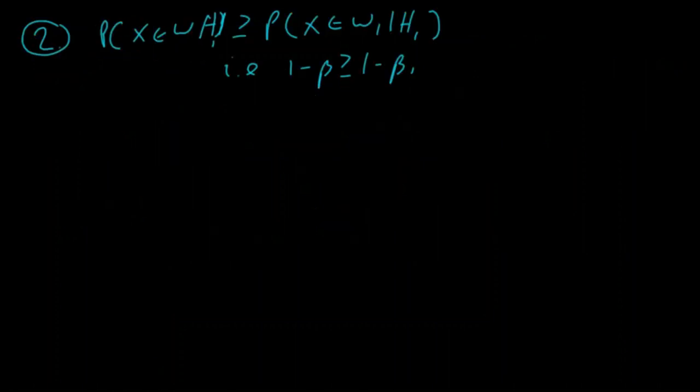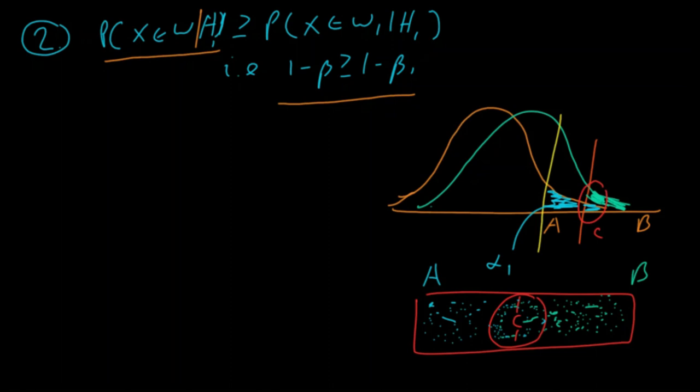In order to prove the probability of X is an element of W given H1 is greater than or equal to the probability that X is an element of W1 given H1, it is enough for us to show that 1 minus beta is greater than or equal to 1 minus beta 1. So let us show two overlapping distributions. This should actually be our alpha right here, not alpha 1.